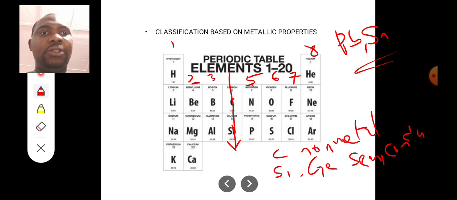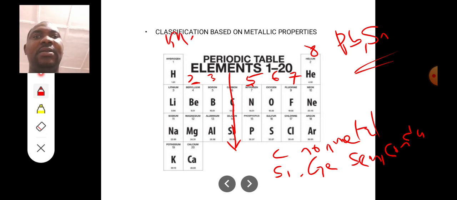So group 4 elements consist of carbon, silicon, germanium, lead, tin. But carbon is a non-metal. Silicon and germanium are semi-metals or semiconductors, or what we call metalloids. You can call them metalloids. Metalloids has the spelling M-E-T-A-L-L-O-I-D.